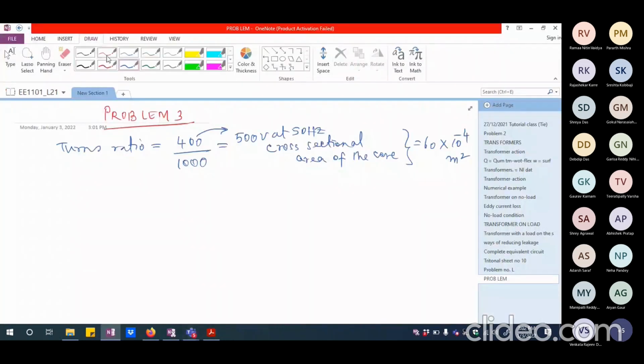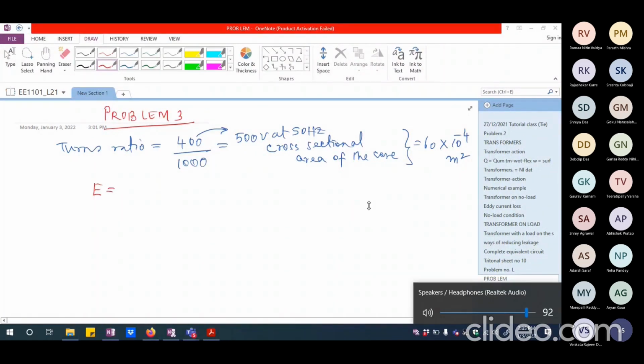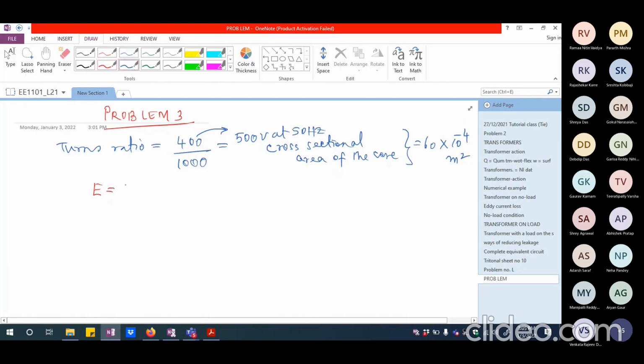So please recall what we derived as the EMF equation of the transformer. What was the EMF equation? So it is 4.44 f, and the flux is the maximum flux, multiplied by the number of turns.